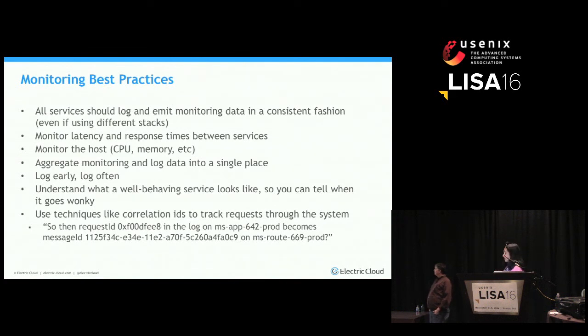One technique that we recommend is using correlation IDs to track requests through the system. When the first user request comes in, that service adds a unique ID to the request, and then it's passed along in the headers in some fashion to all of the subsequent services.